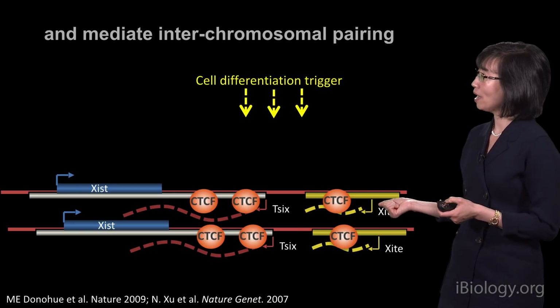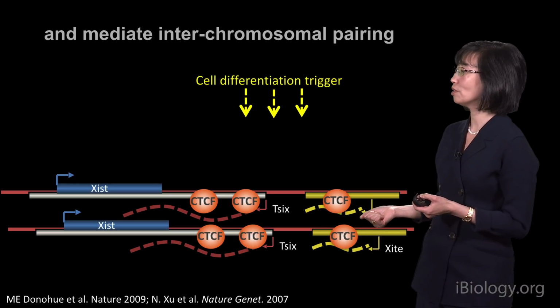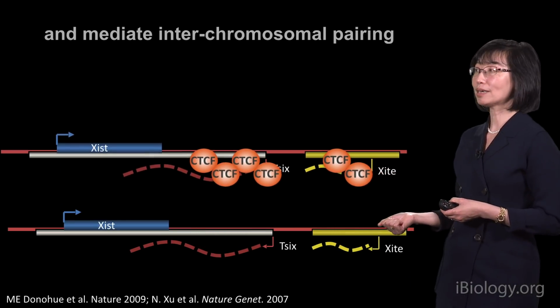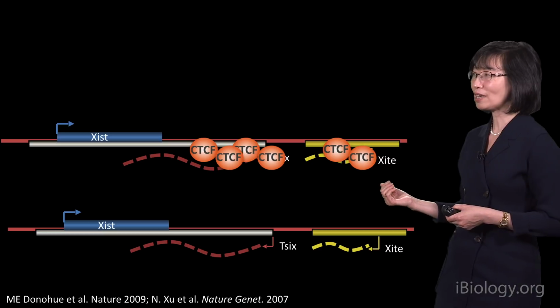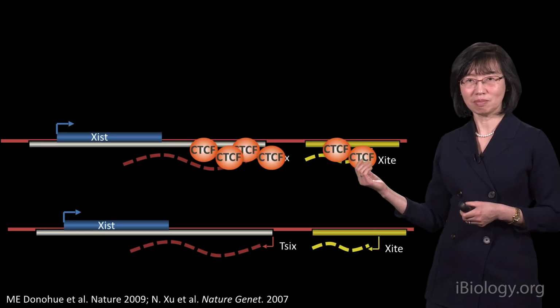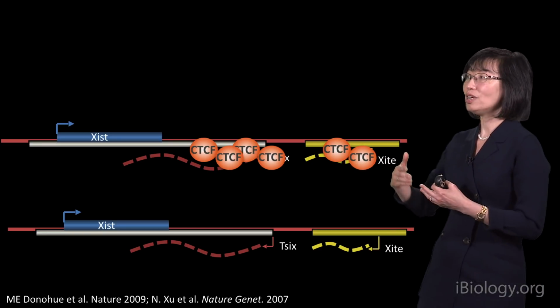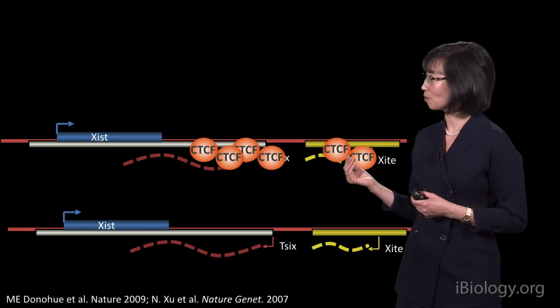However, we suspect that when the two chromosomes come apart again, these transcription factors like CTCF, and very likely many other factors, will repartition onto one X chromosome.